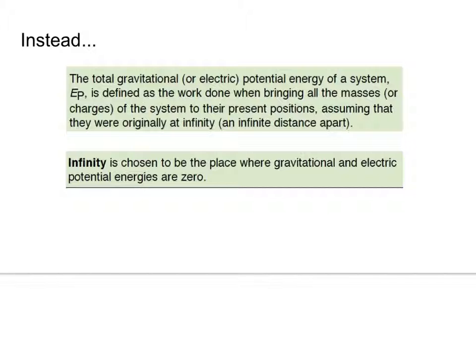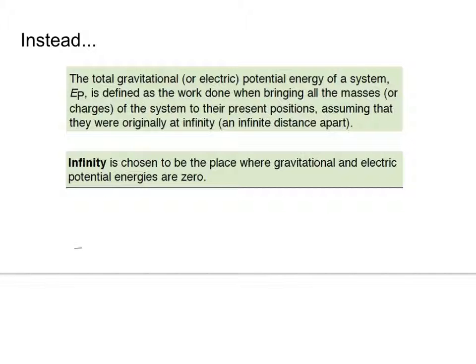The total gravitational potential energy of a system is defined as the work done when bringing all the masses of a system to their present positions, assuming they were originally at infinity.